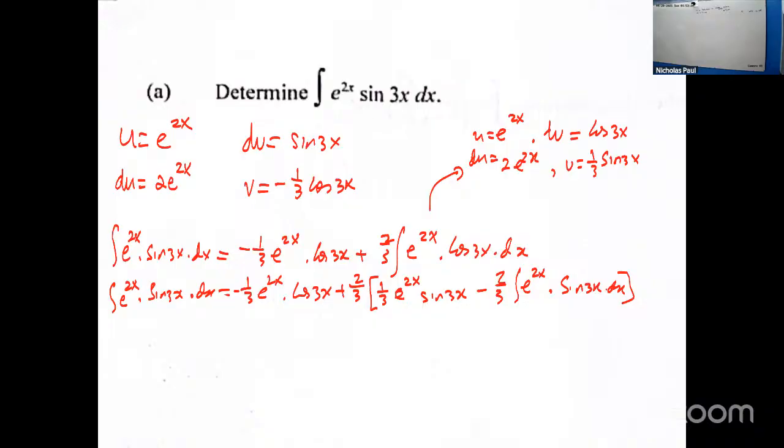And then all you have to do now is simplify and then do what? Bring all the integral, e to the 2x sine 3x, to the left side. Let the integral I be equal to that.